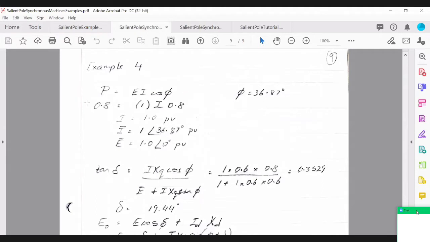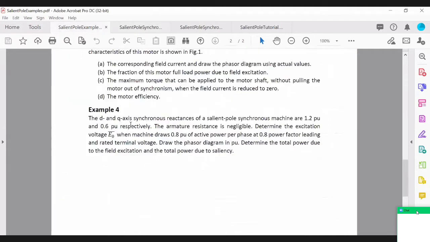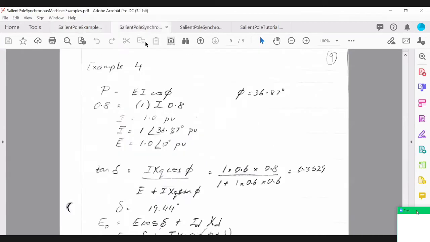Using this equation, remember that they've given us the active power per phase, so I've written the equation in power per phase here. We don't have a 3 there, which would indicate 3-phase power. Using your active power equation per phase, you can determine the current.